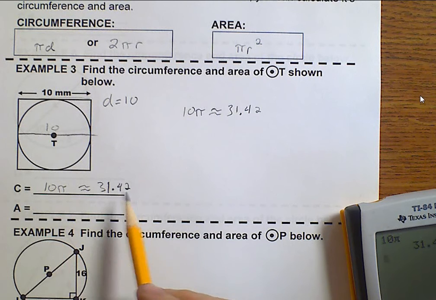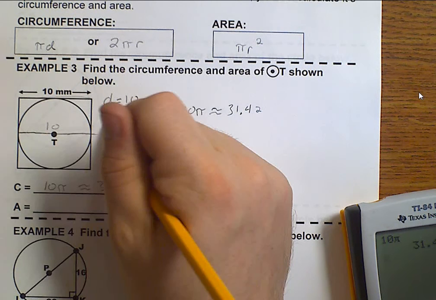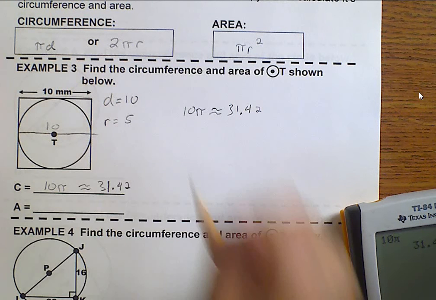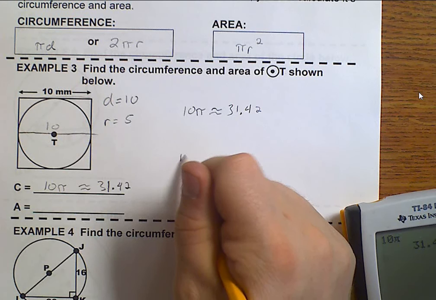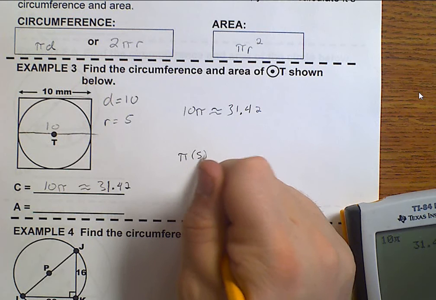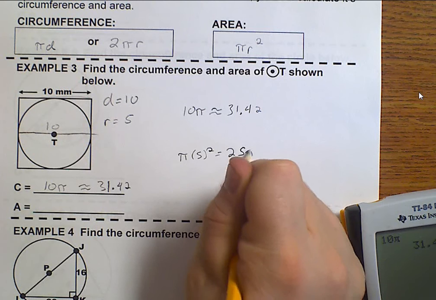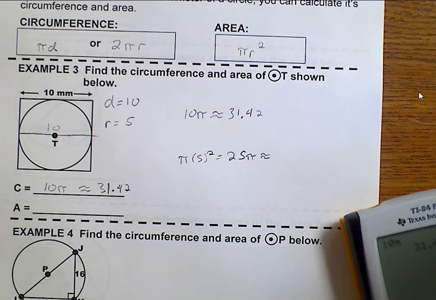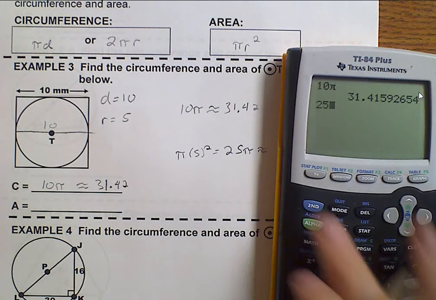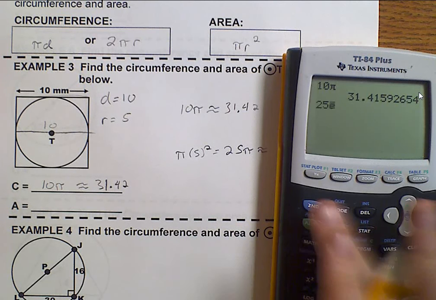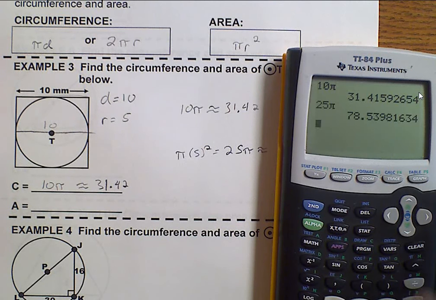Now to find our area, I need to know my radius. So my radius is 5. So it is pi times 5 squared, which is 25 pi. And 25 pi is roughly 78.54.